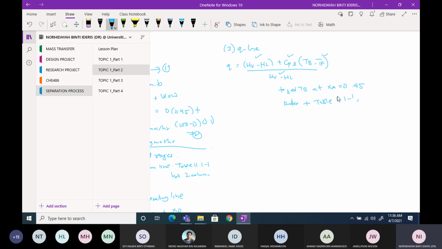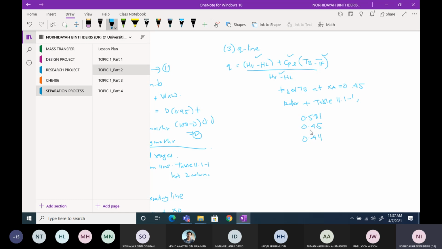If you refer to table 11.1-1, the one that you used to plot the graph, look at the value of x_A. So 0.45 falls between 0.581 and 0.411, right? So your value of 0.45 is here.